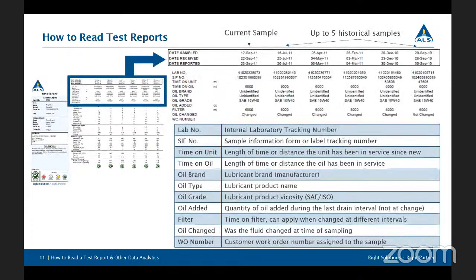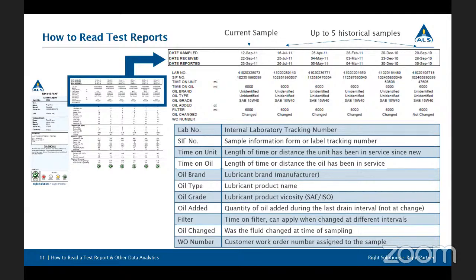Up at the top of the header here, we've got the current sample, which is in the far left column, and then you have your 5 historical samples. And listed in the rows there, you have a laboratory number, and that's an internal lab tracking number. Because obviously we receive samples at the laboratory in a non-sequential order. They come from all different customers from all over the US and all over the world. We add a laboratory number just as a way to track those, and they're sequential as we receive them.